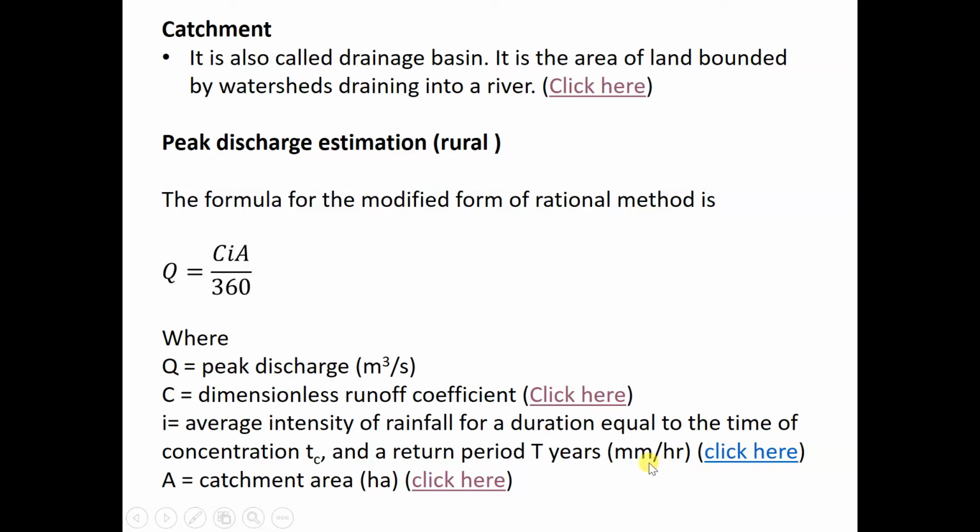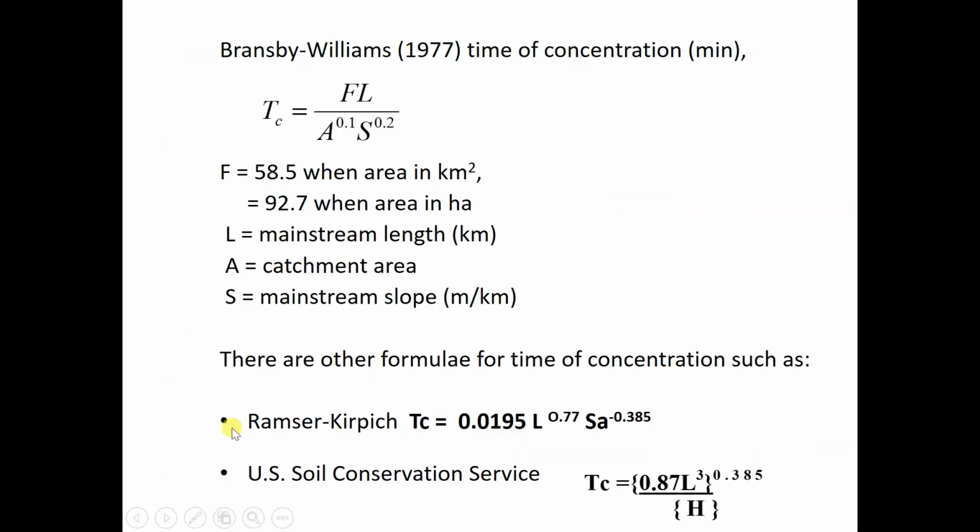They have records of rainfall, and based on the annual return periods, we can find out what is the intensity. Actually, before you find the rainfall, you need to know the time of concentration.